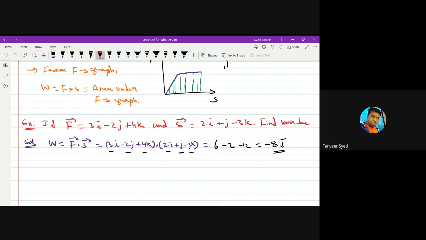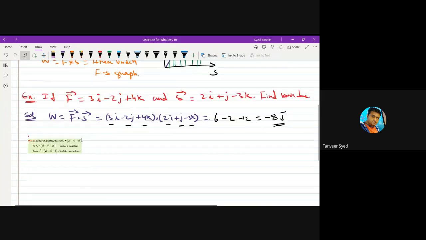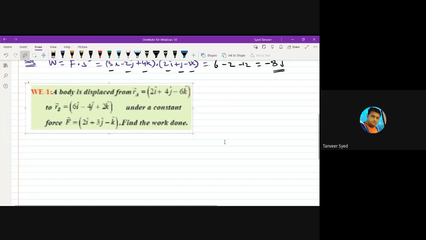Okay, then next. This is the question. A body is displaced from RA, where R means position vector, 2i plus 4j minus 6k, to RB, 6i minus 4j plus 2k, under a constant force F equal to 2i plus 3j minus k.